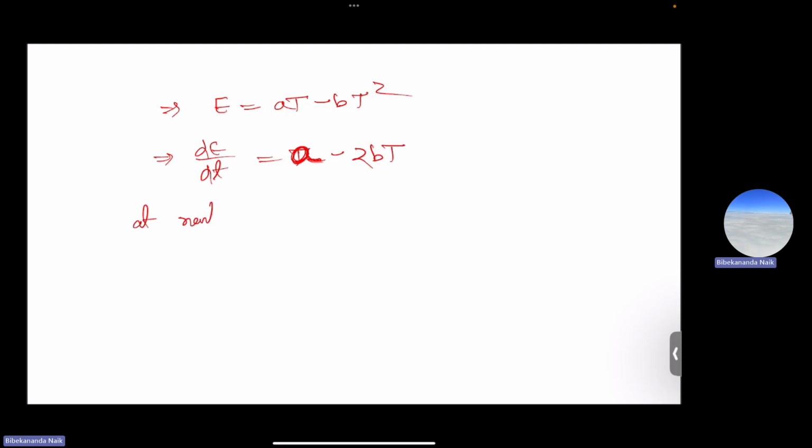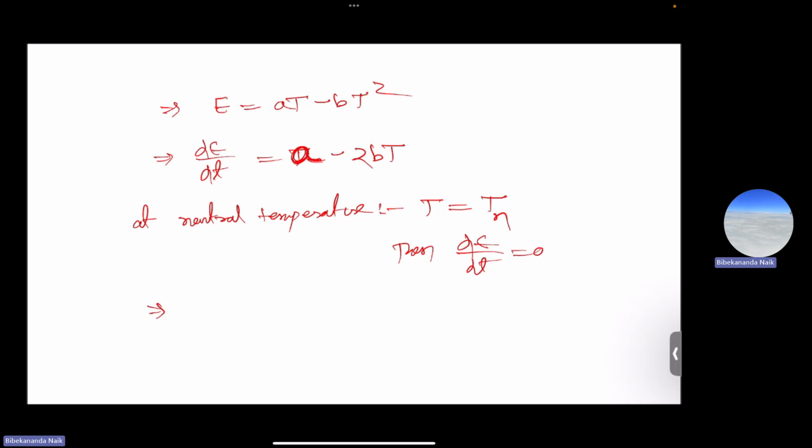At neutral temperature, when T equals Tn, dE by dT equals 0.